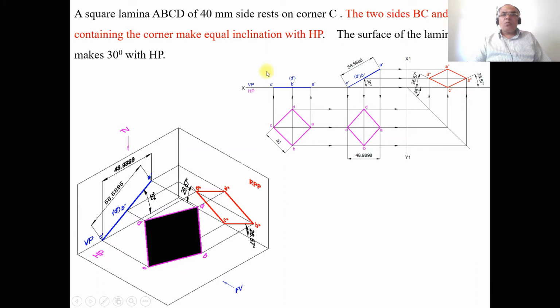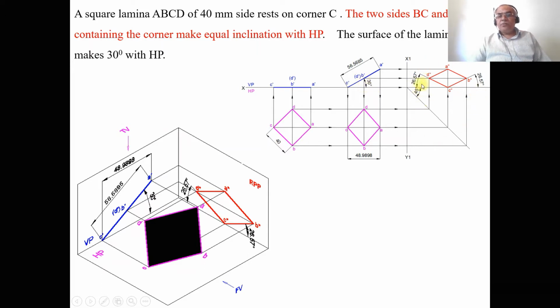So this is the meaning of the two sides BC and CD containing the corner making equal inclinations with HP. As the surface becomes inclined with respect to HP, since it is resting on the corner, the two sides make equal inclination in the initial position, and the same will continue as the surface is made inclined to HP.